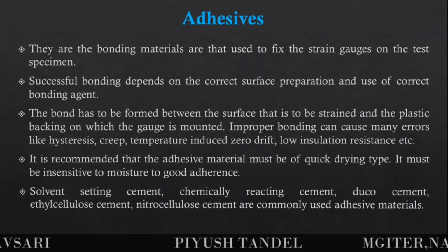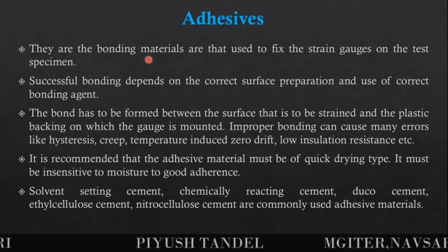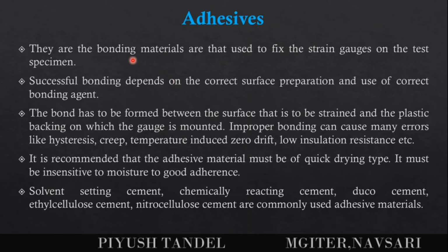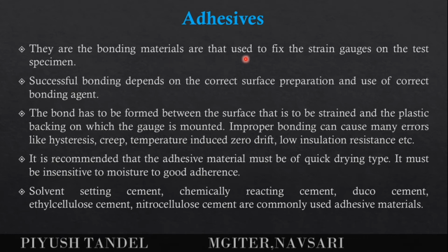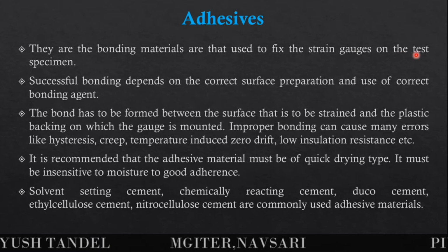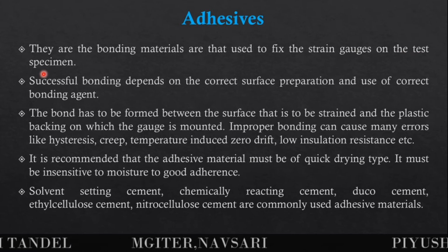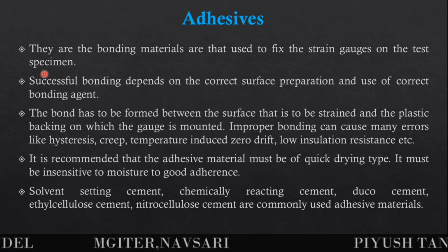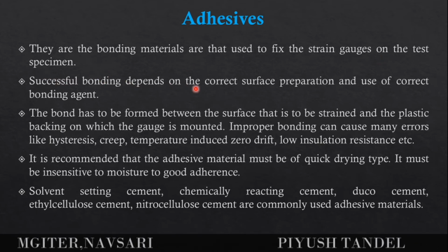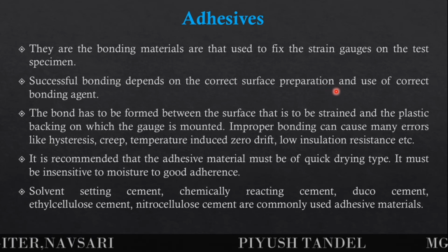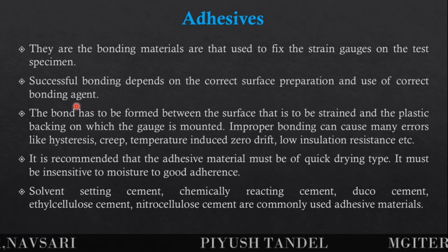Now next one, that is the adhesives. Adhesives are the bonding material that is used to fix the strain gauge on the test specimen. Successful bonding depends on correct surface preparation and use of the correct bonding agent.